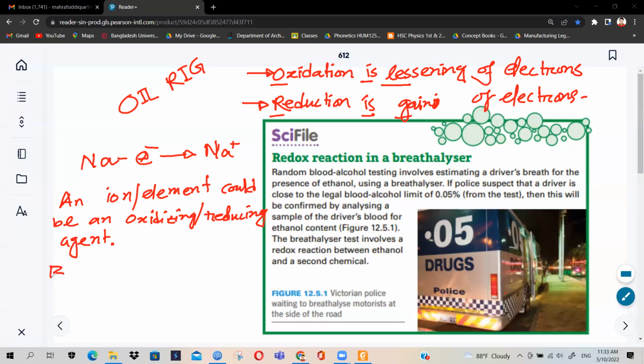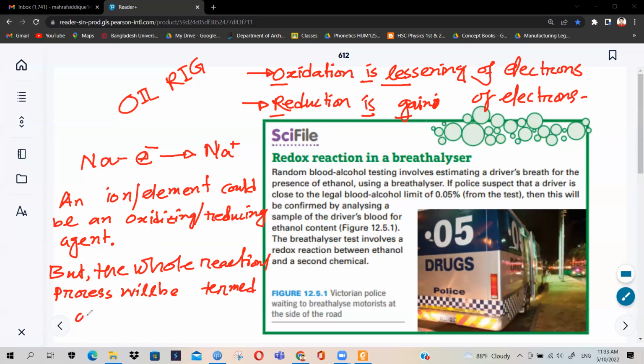But the whole reaction or process will be termed an oxidation or reduction process.